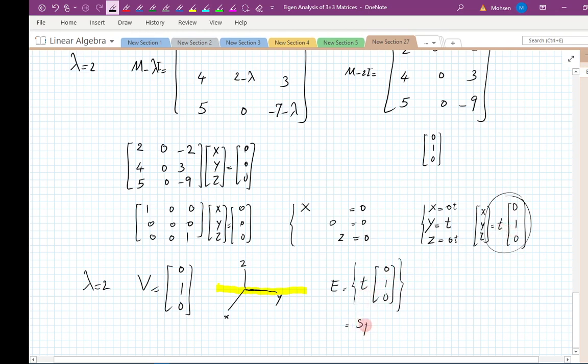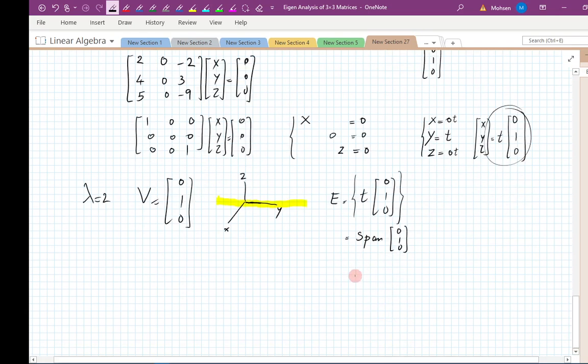Another style is calling it the span of the basis of eigenvectors, or just the y-axis in this case, a simple answer in this situation.